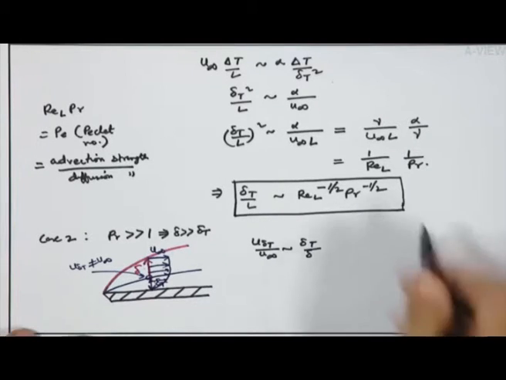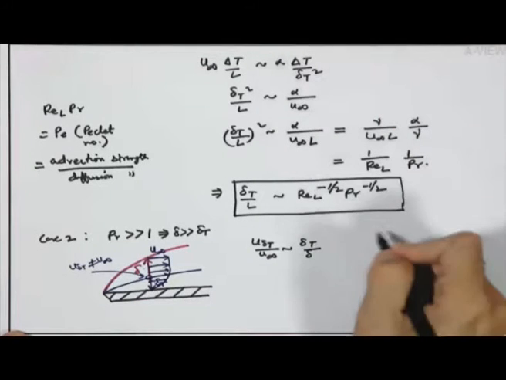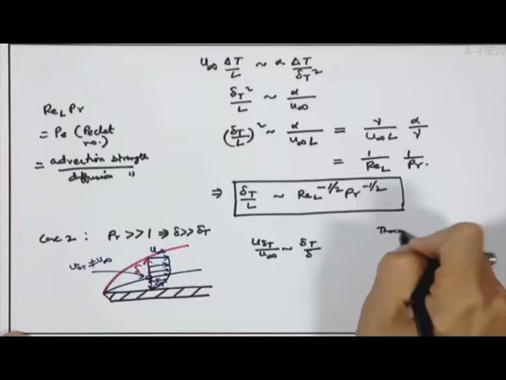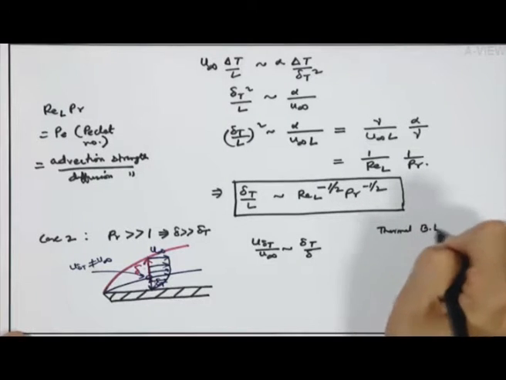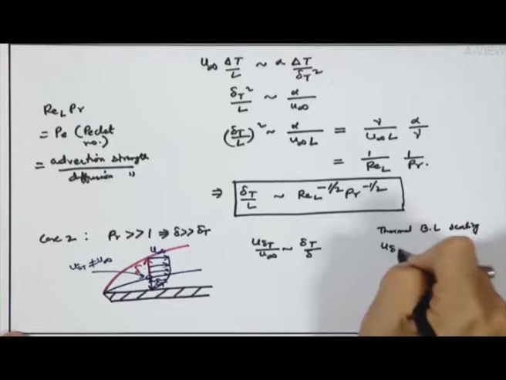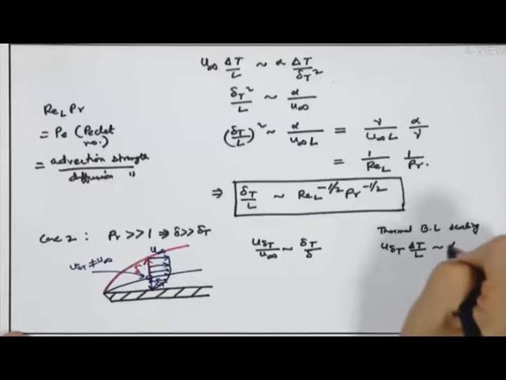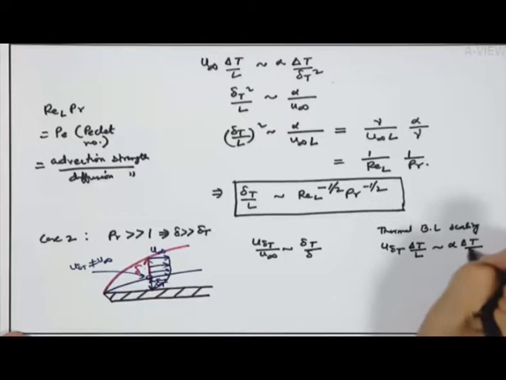So, now if you go to the thermal boundary layer equation scaling, you have U delta T into delta T by L of the order of alpha delta T by delta T square.